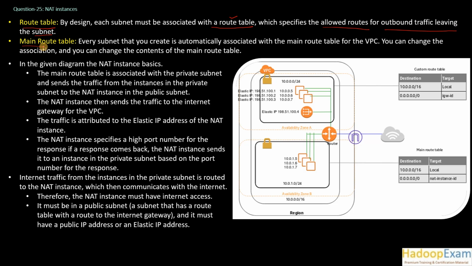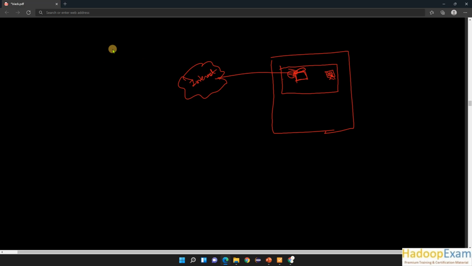What is the main route table? As we discussed, whenever you create a VPC, by default a route table is created, and that route table is called the main route table, which is attached to your VPC, correct. So if this is your VPC, as soon as you create it, one route table would be created for this, and that is called the main route table.